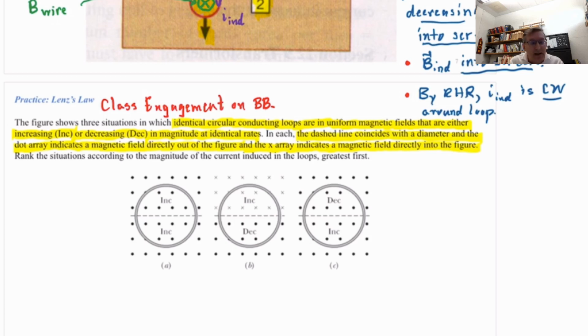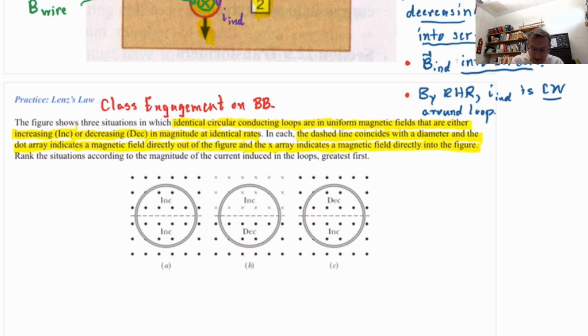In B, in the upper half, I have a magnetic field into the screen and increasing, and in the lower half, I have a magnetic field out of the screen and decreasing. And in case C, in the upper half, I have a magnetic field out of the screen and decreasing, and in the lower half, I have a magnetic field out of the screen and increasing.